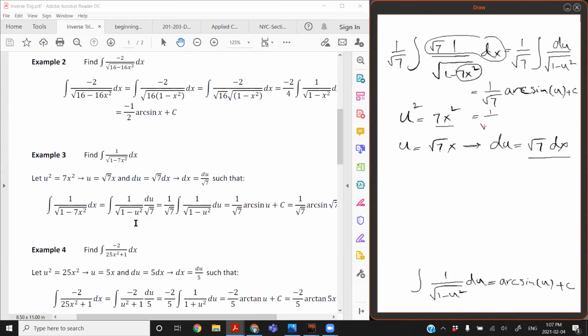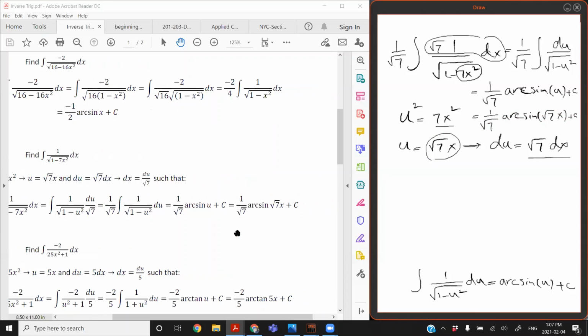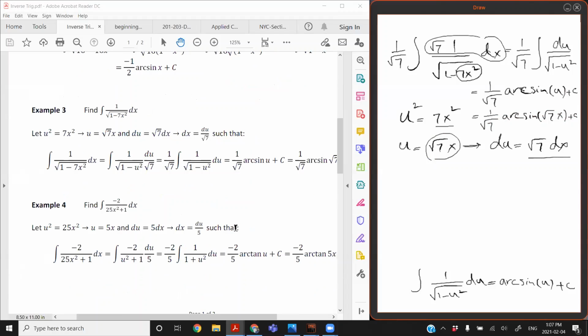Last step, I need to replace the u with whatever u is in terms of x. So we get this. Is that clear? Do you want me to re-explain this, or we're good?